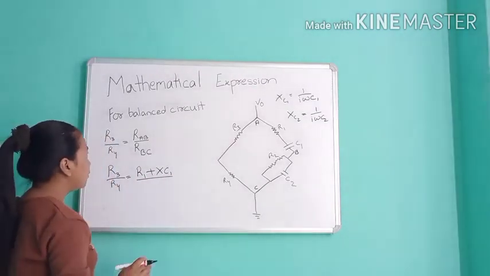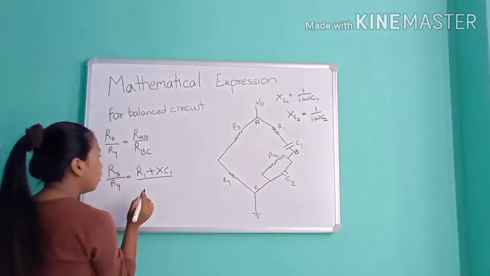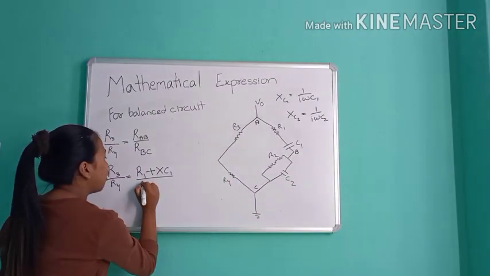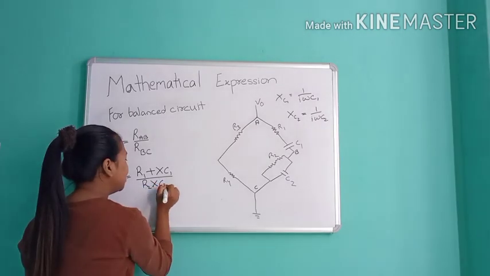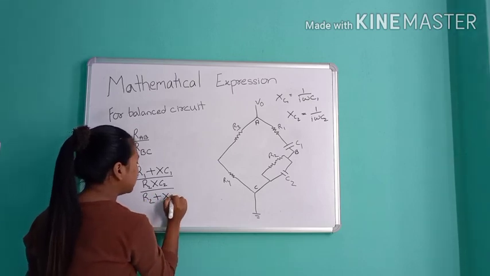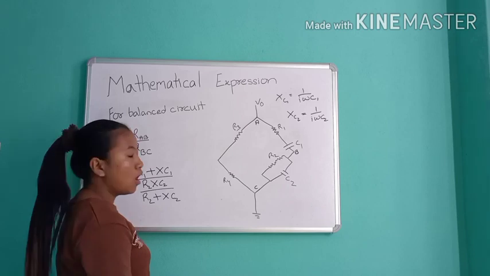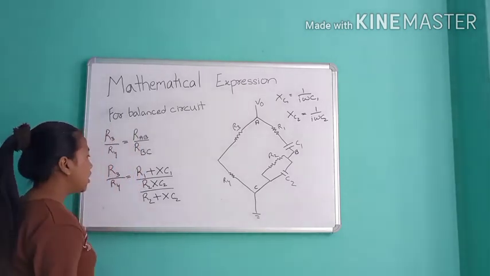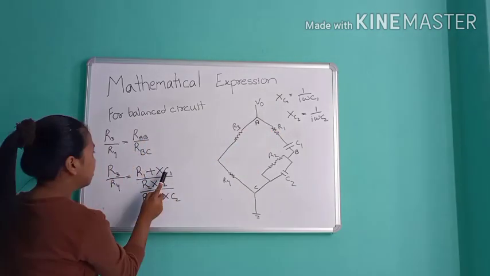Now BC is in parallel, so the formula is R2 XC2 by R2 plus XC2. Now we will substitute this value here.